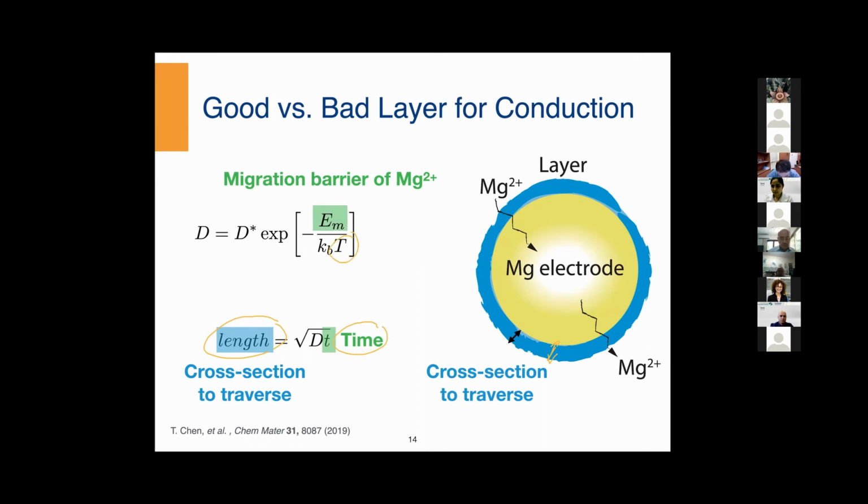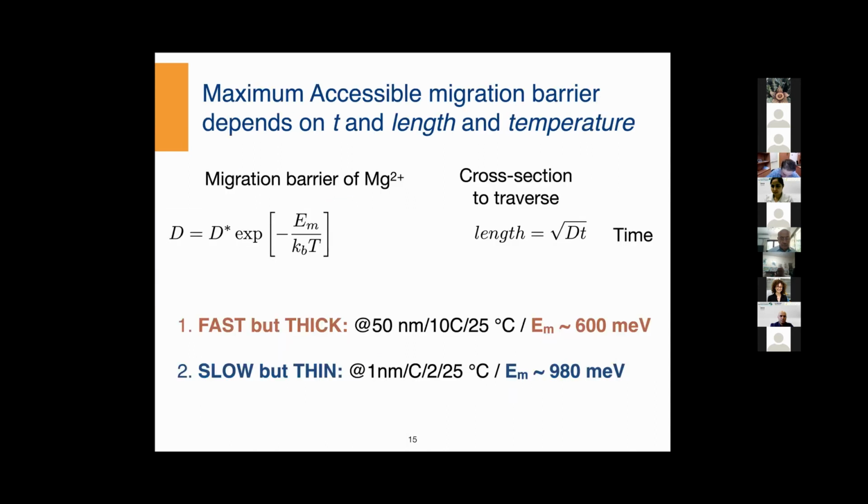So if you set this parameter saying that I discharge my battery at a certain C rate, and I hypothesize that the thickness of my deposition is a certain amount of nanometers, and then you set the temperature of your experiment, you can, from a back-of-envelope calculation, define a maximum tolerable migration energy. And this is rather easy. This allows us to set some bounds, right?